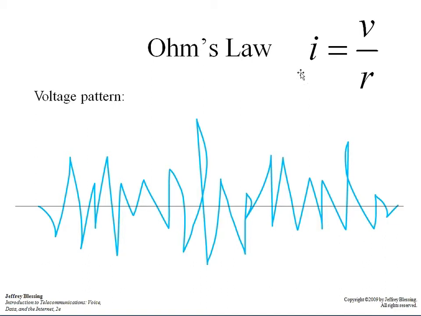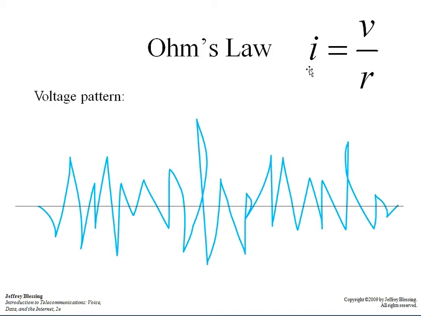Ohm's law states that I equals V over R. I is electrical current measured in amps or amperes. V is the potential difference measured in volts, that's the voltage, and the resistance that impedes that current is measured in ohms. Well, the current in that microphone is constant.